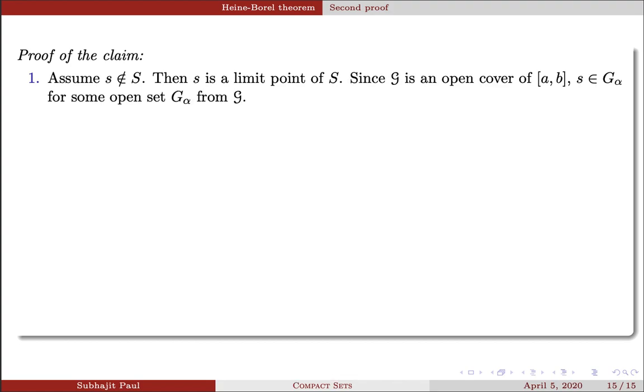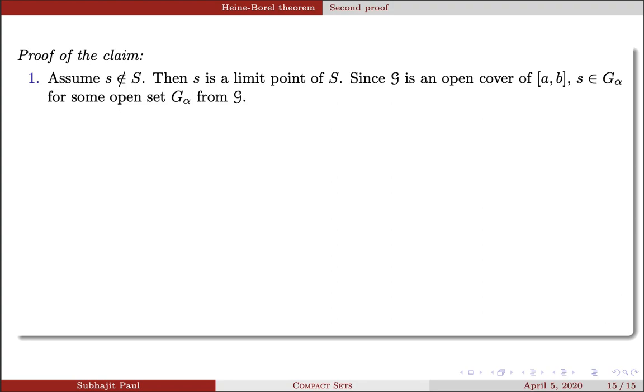Now since script G is an open cover of the entire interval [A,B], s belongs to some open set G alpha from G. s definitely belongs to the closed interval [A,B]. We are looking at whether s belongs to capital S or not.